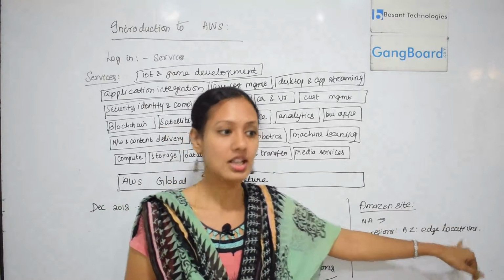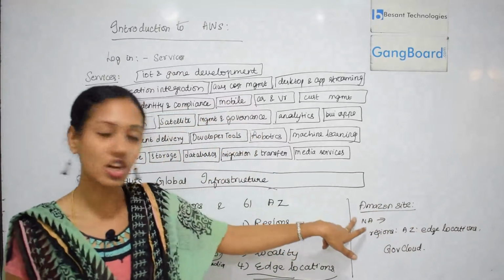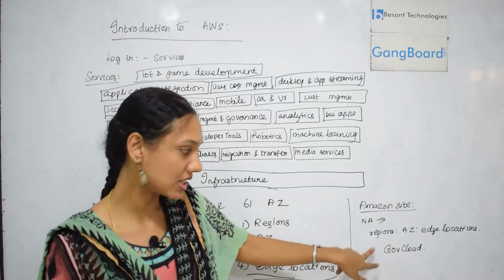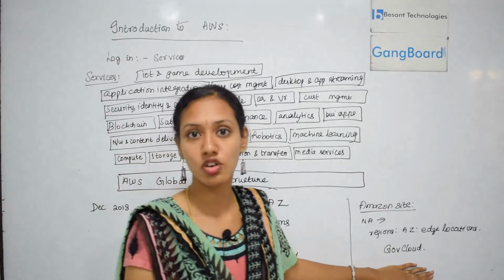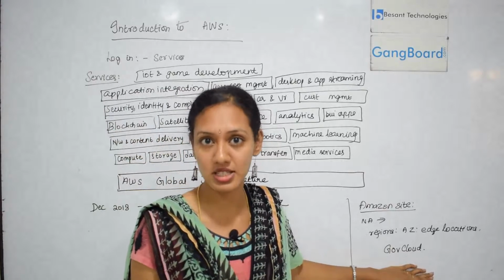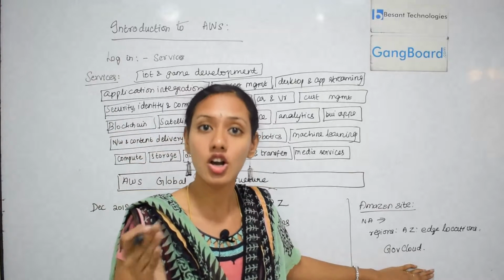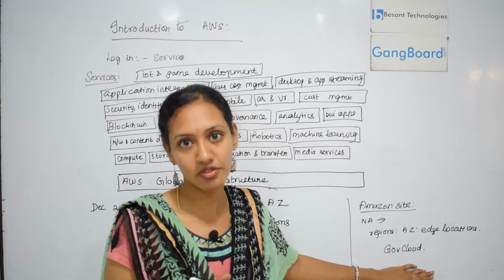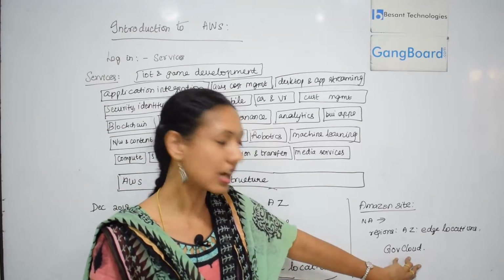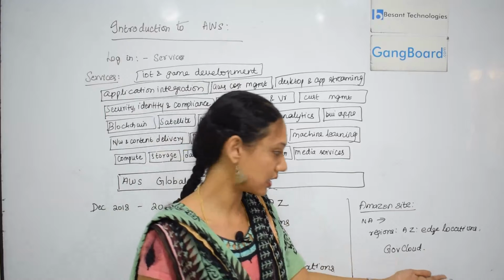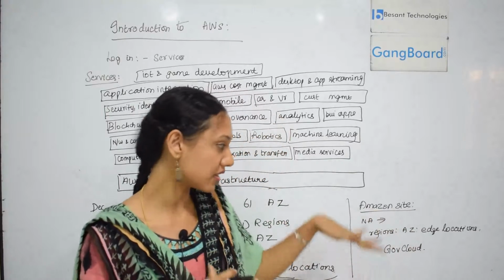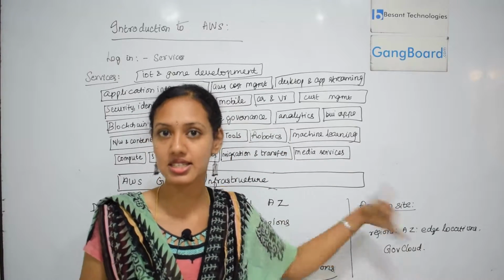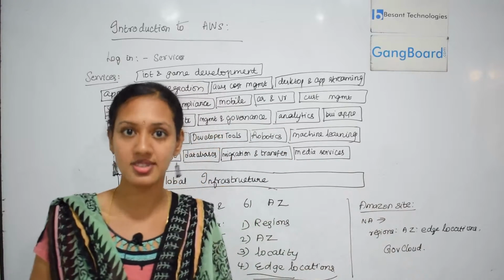Along with the regions in North America, there is something called the GovCloud region. This GovCloud region is used only for security compliance purposes by US officials or citizens of the US. It is a specific cloud that is granted to the United States. So continent-wise, we can see the different regions, edge locations and availability zones. Thank you.